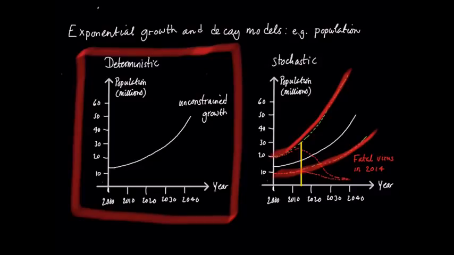But with the stochastic model, we can introduce other factors that may significantly impact the population. So, for example, imagine that a fatal virus attacked the rabbits in 2014. We can see by the two dotted red lines the impact that this would have on the population.